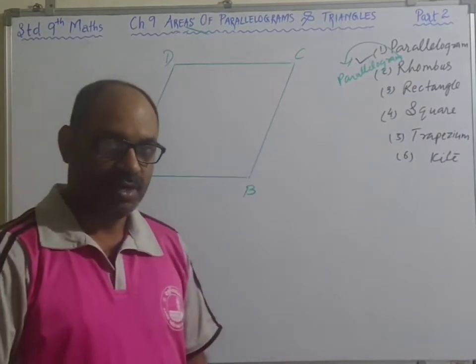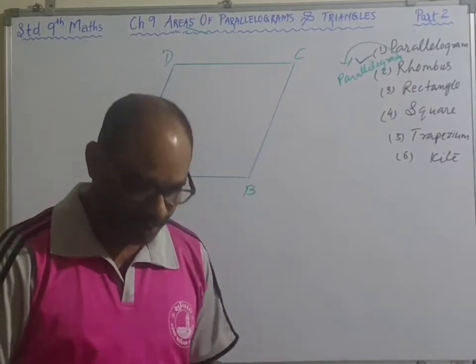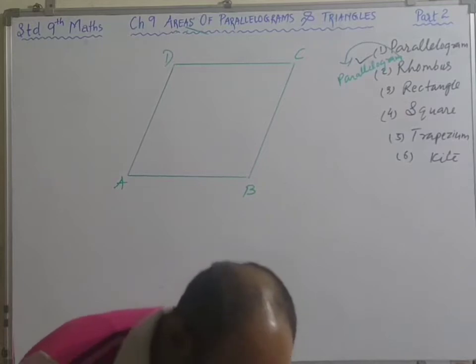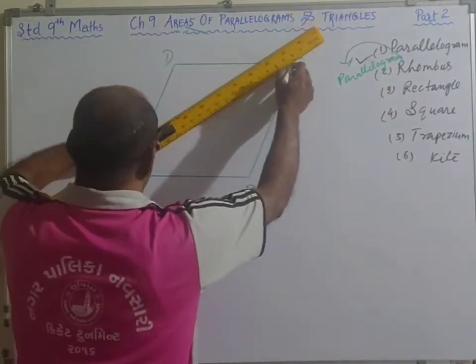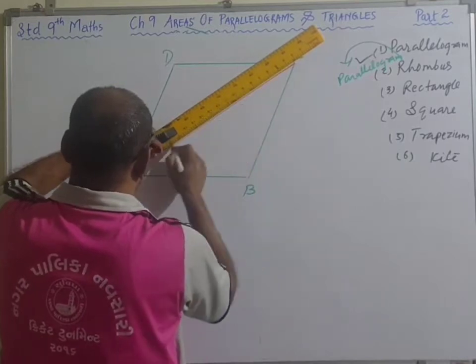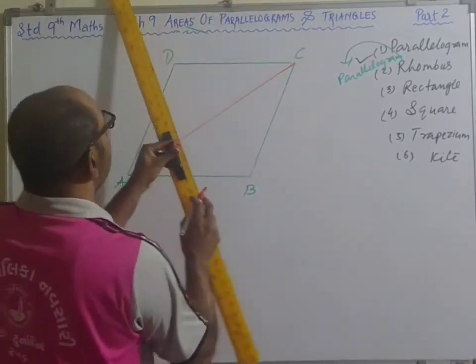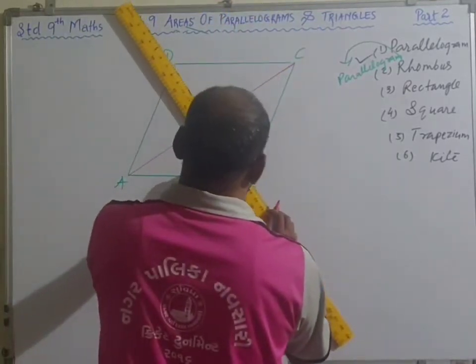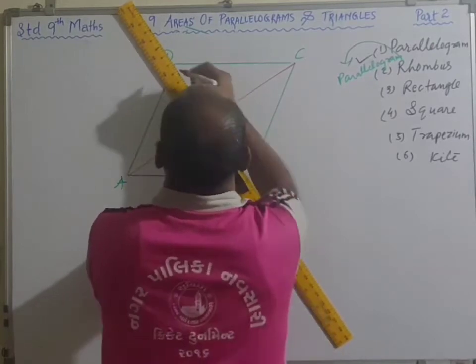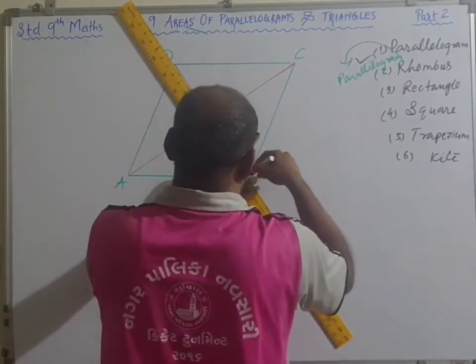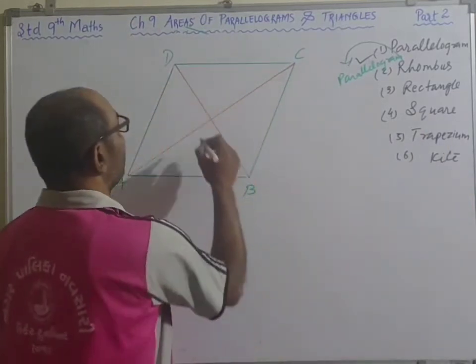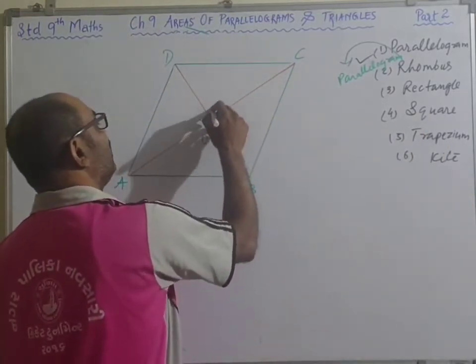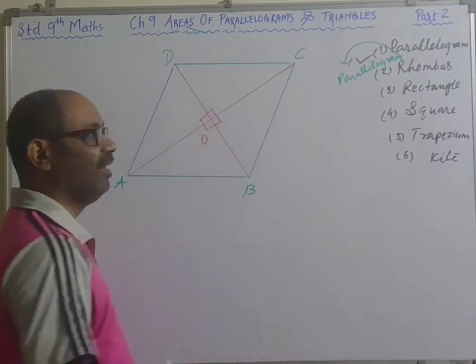All right, children. See what I do here. I'll draw its diagonals, AC and BD. Suppose they intersect at O. You know, they intersect each other at right angle.